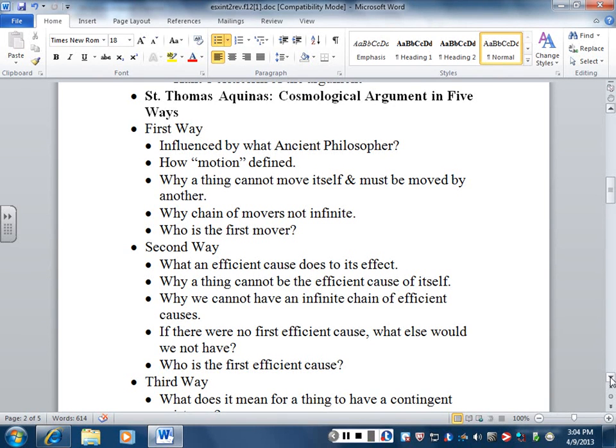Right? Now, Aquinas, as I said, they were rediscovering Aristotle's work, so he's very influenced by Aristotle. And this first way is very similar to an argument that Aristotle used to prove the existence of an impersonal God he called the prime mover.